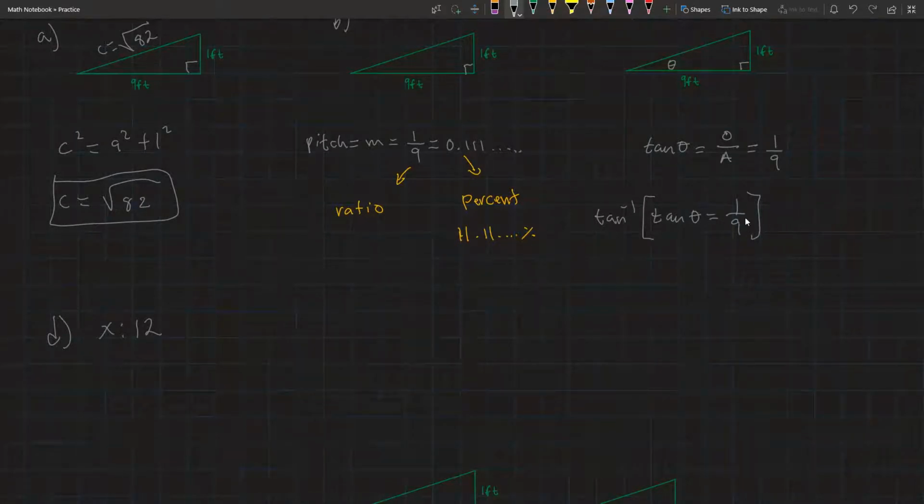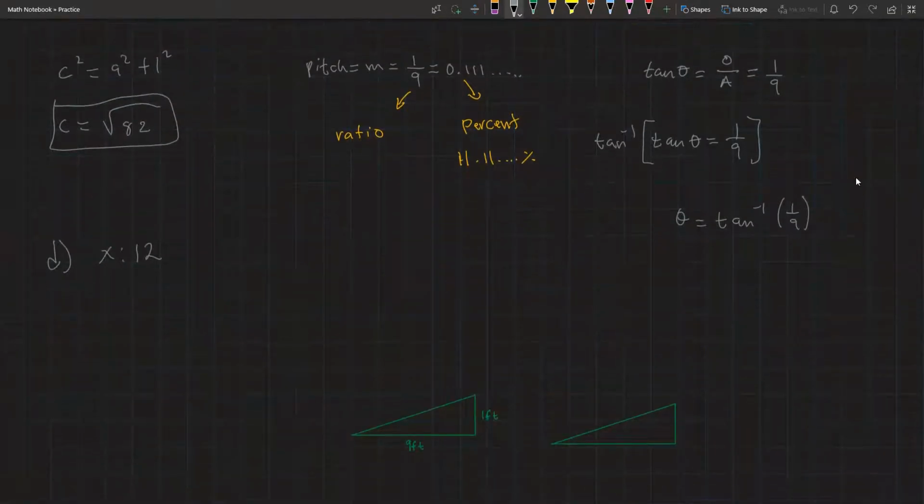And that means I'm going to do that on the left side of the equation, but also to the right side of the equation. The reason for doing that is tangent inverse and tangent undo each other, so that we are left with just theta on the left side. Theta is the tangent inverse on the right side now. So theta is by itself, and now it's tangent inverse of this fraction, or arctan if you're familiar with that term.